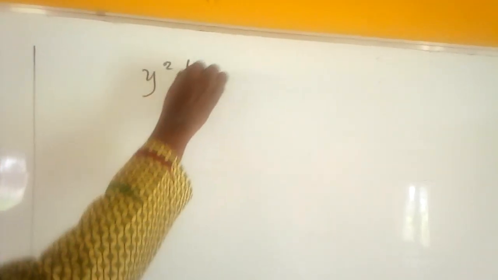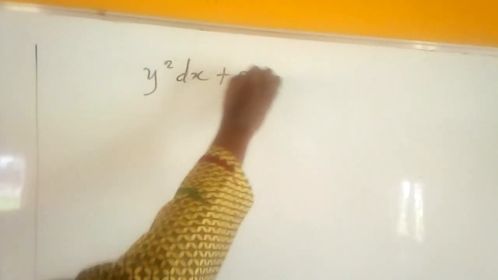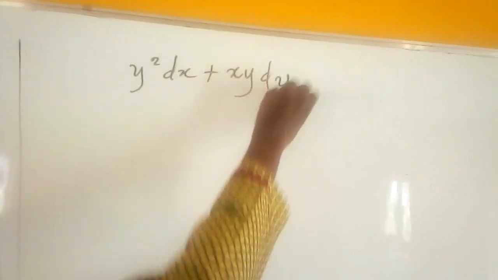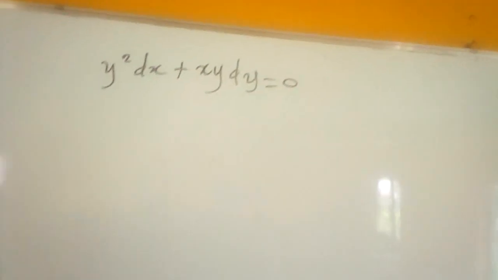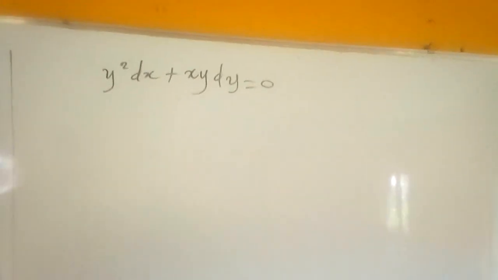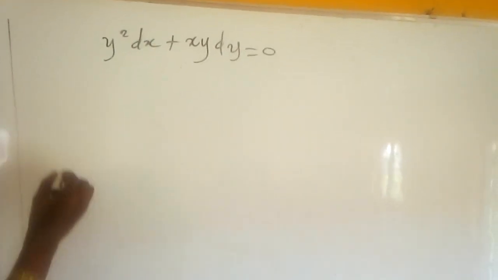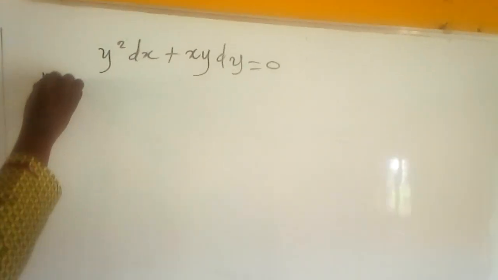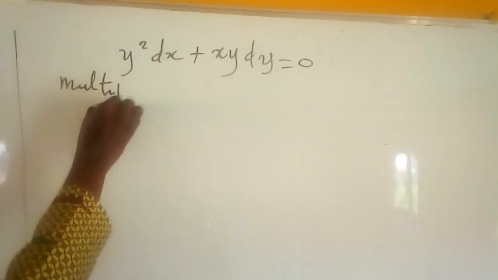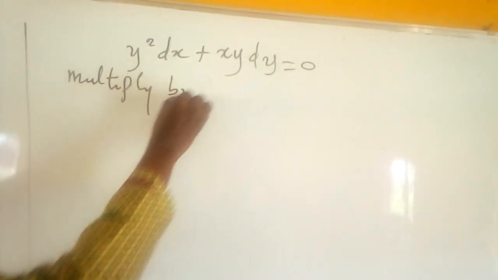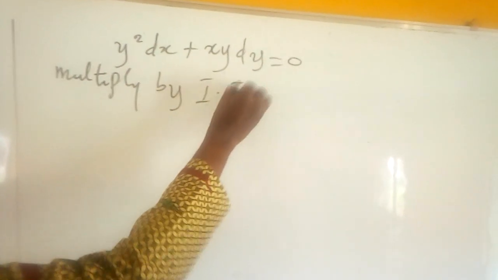Now, the reciprocal y, when it is multiplied with the initial equation, which is y squared differential x plus xy differential y equal to 0. When we multiply by 1 over y all through, which is the integrating factor, we multiply by the integrating factor all through.